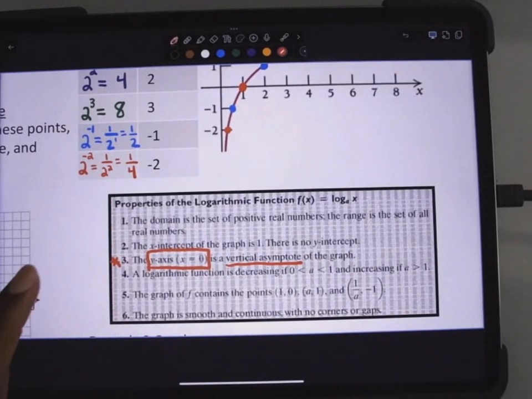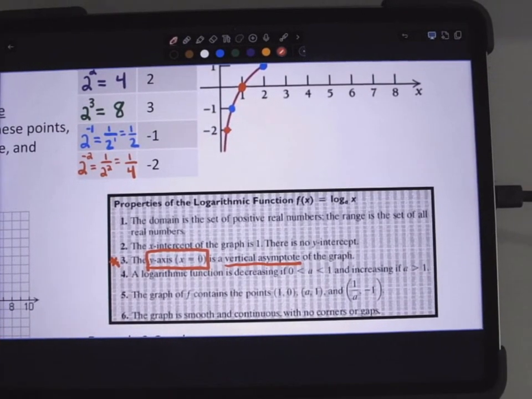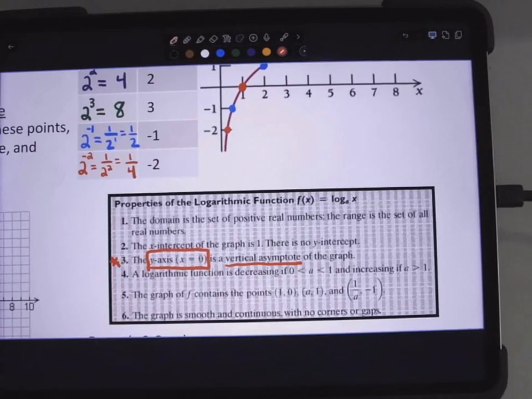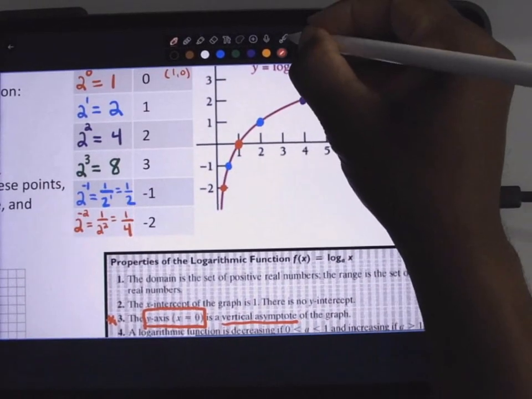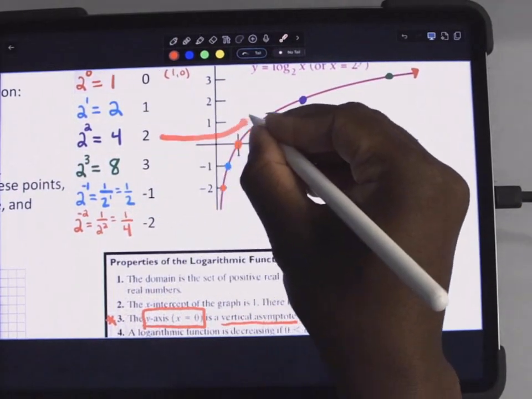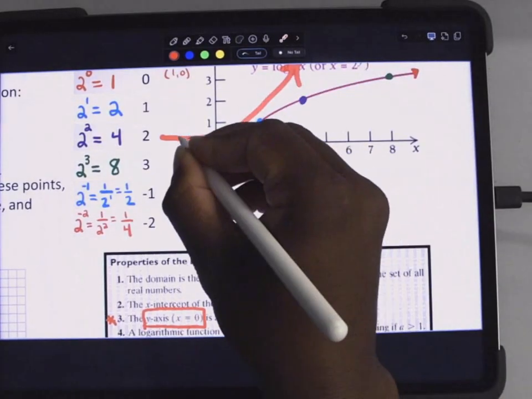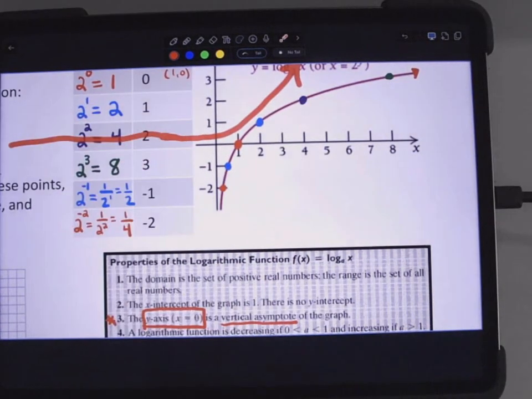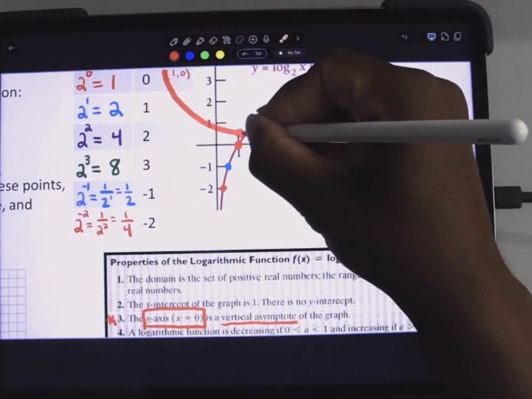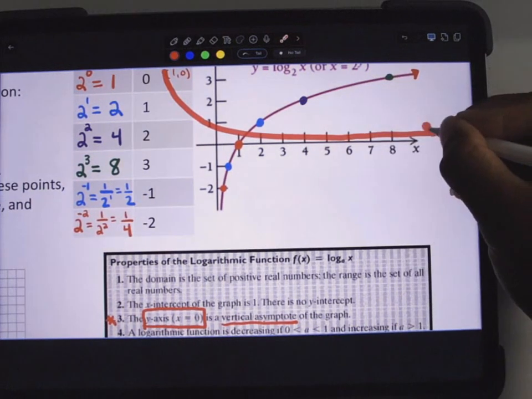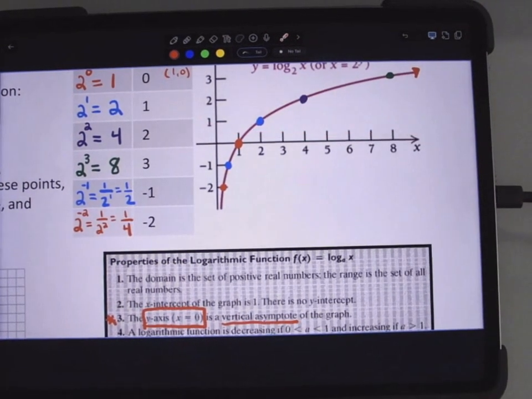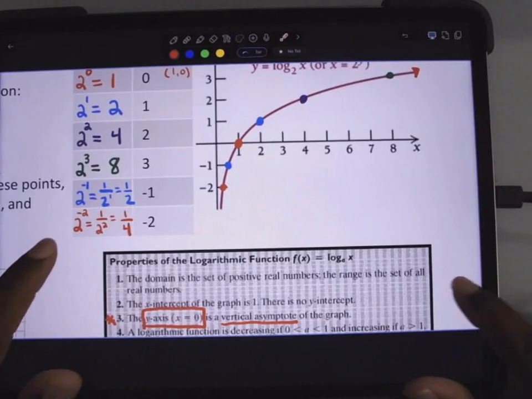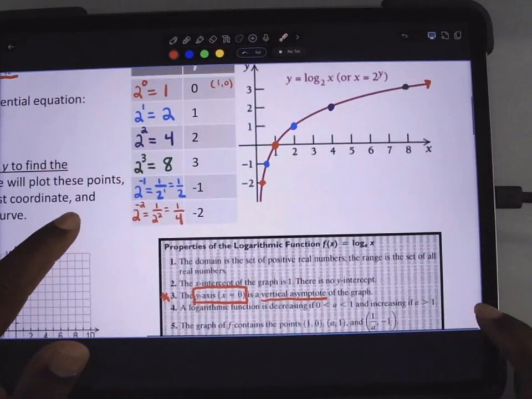On the exponential functions, the asymptote was the x-axis, because the exponential functions were like this, and they flattened out this way. Or if it was a decay, it was like this, and it didn't cross the x-axis. Since these are inverses, that asymptote changes. So something to note as we graph these.